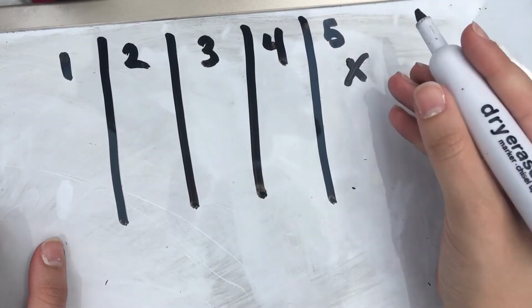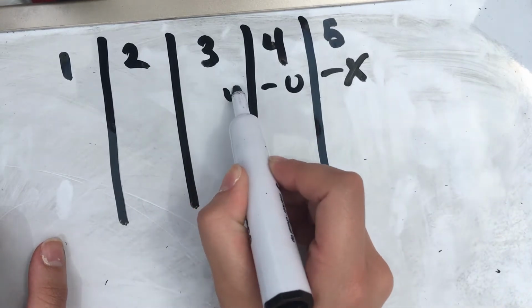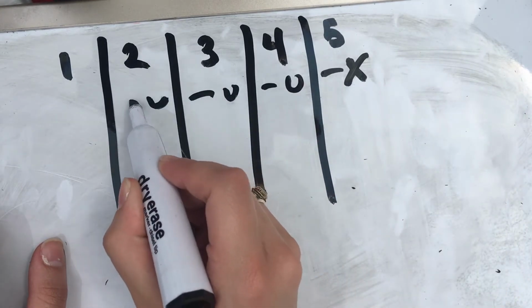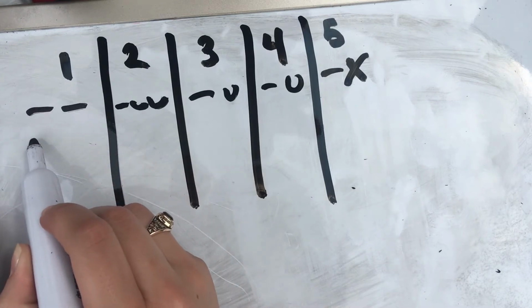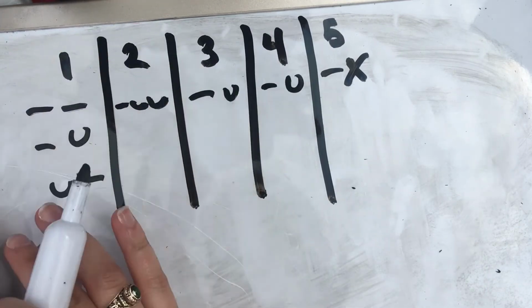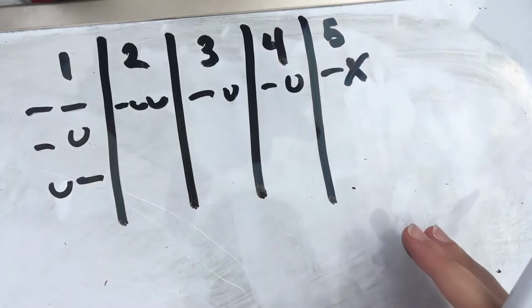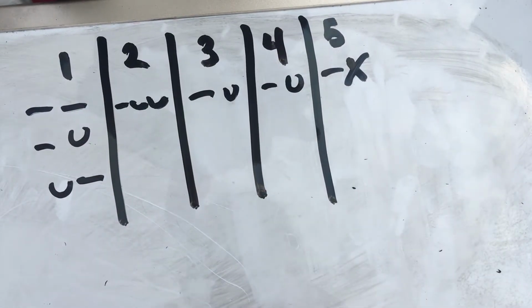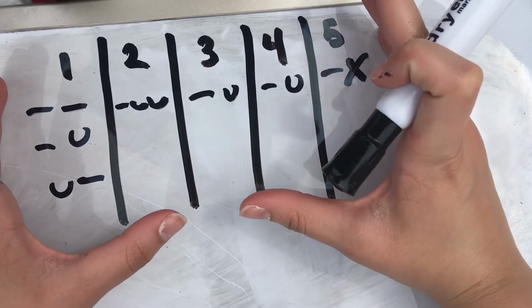You put an X when you start, then it goes long, short, long, short, long, short, short, long, and then it can be long, long, short, long, or long, short, depending on what the word looks like. Anyway, this is what you need to know, because this is what hendecasyllabics looks like.